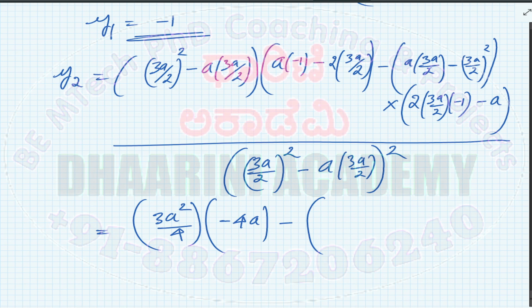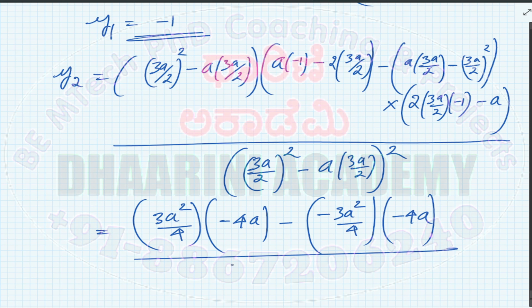Let's say the second term, this is minus of 3a square, so this is a negative of that term. So I have minus 3a square by 4 into, this is minus 3a minus a, so minus 4a. Okay, this whole thing divided by the denominator 3a square by 4 minus a into 3a square by 4 the whole square.